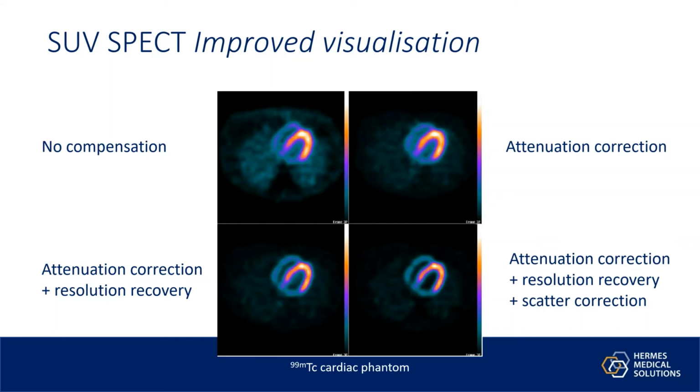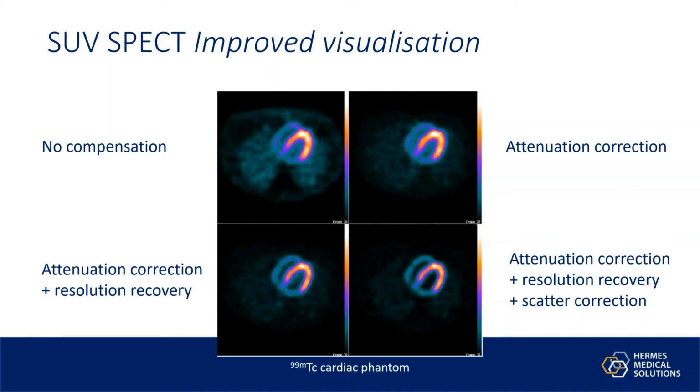The effect to notice there is that the lungs are much less bright than they were before, because the density of the lungs is so low, that means that the counts from them are overrepresented in the image without attenuation correction. In the bottom left image, we have resolution recovery also applied. We can see that the walls of the myocardium and the phantom are much better defined than they were in the previous one, they're much better resolved.